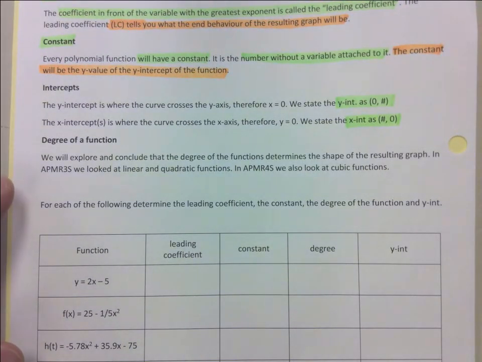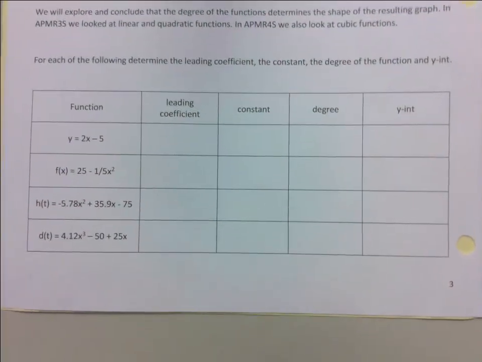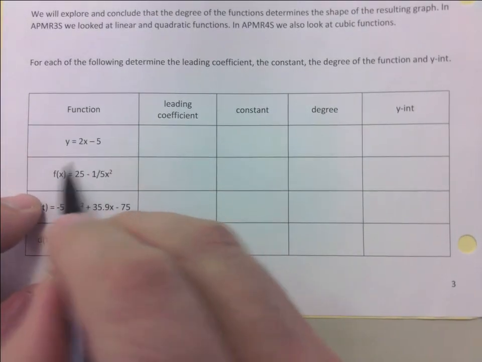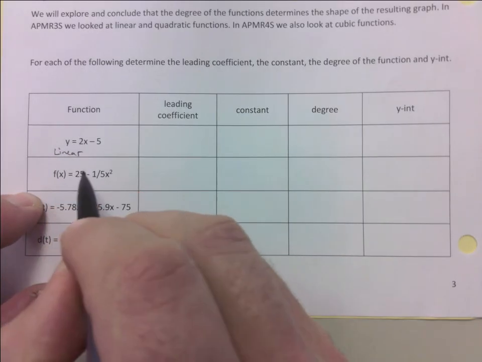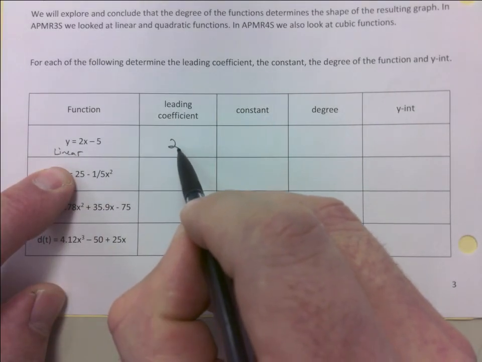The degree of the function, I already talked about that. And so we'll just dive right in here. So for example, this first one would be a linear. The leading coefficient in this scenario is 2.